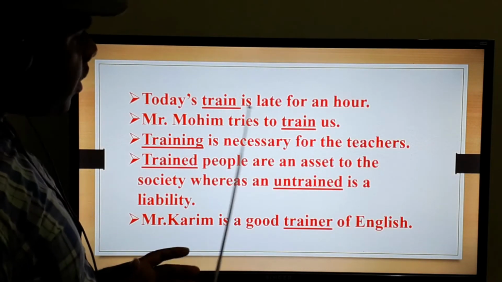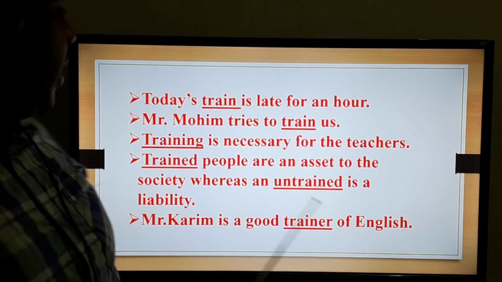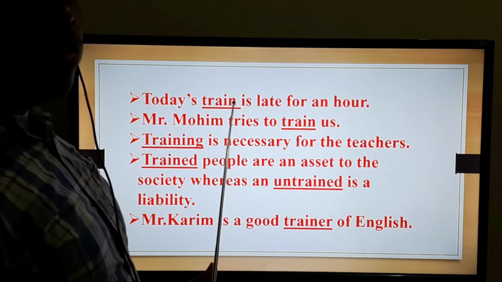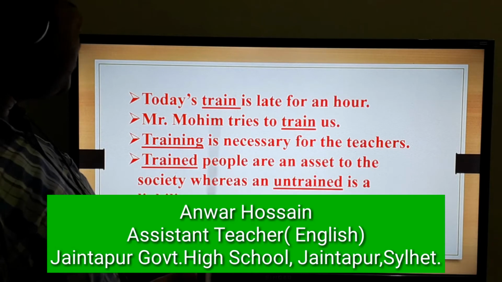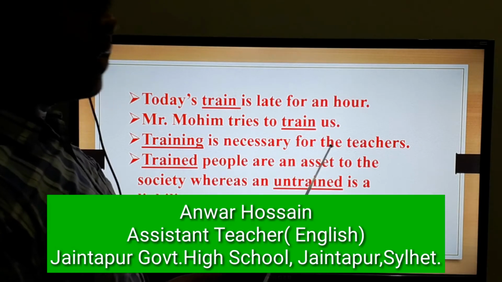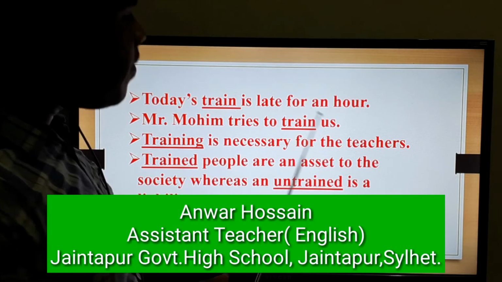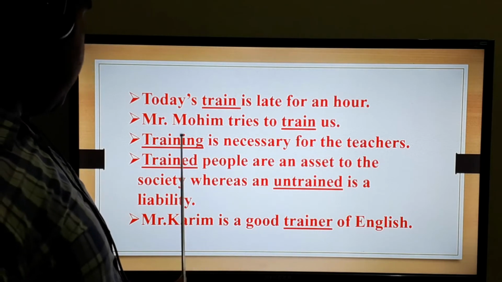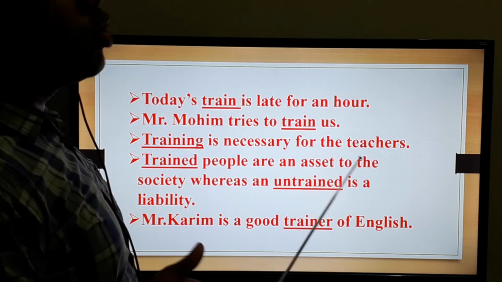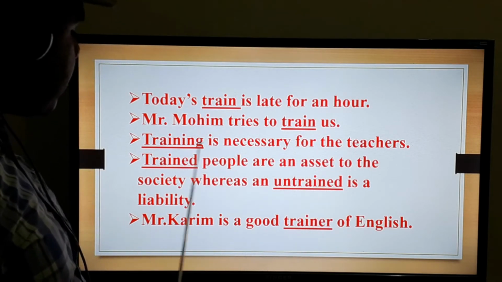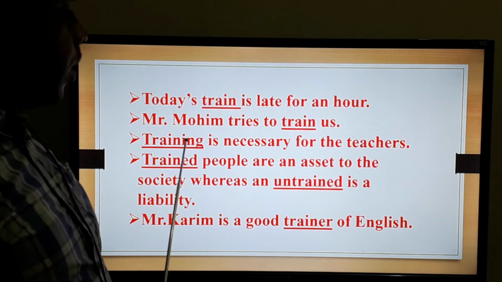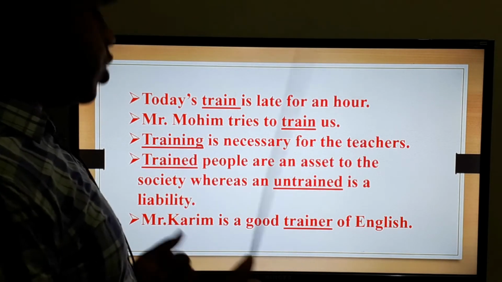First of all, today's train is late by an hour. Here train works as a noun, today's train. Mr. Mohim tries to train us. Here train works as a verb. Training is necessary for the teachers. Training here works as a subject and at the same time it is a noun.